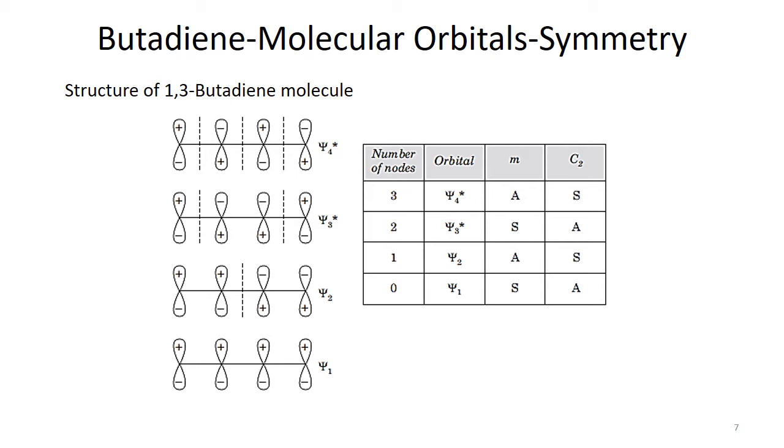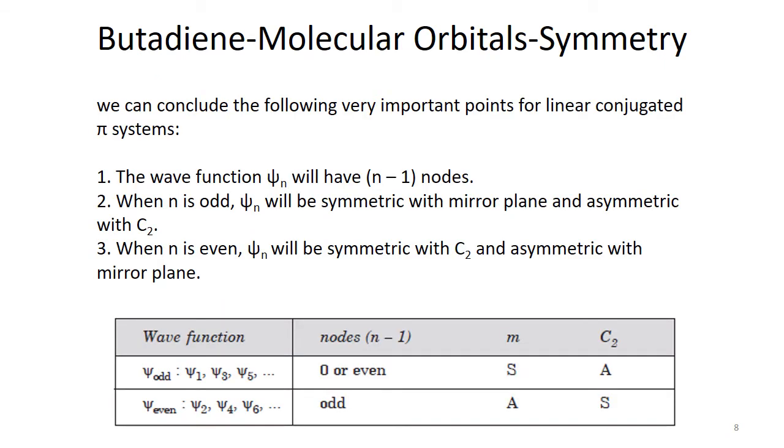So we have tabular data of these symmetry operations carried out on these 4 molecular orbitals. This slide is very important because sometimes we don't understand how we can find which orbitals are symmetric and which are asymmetric with respect to the mirror plane or C2 axis of symmetry.